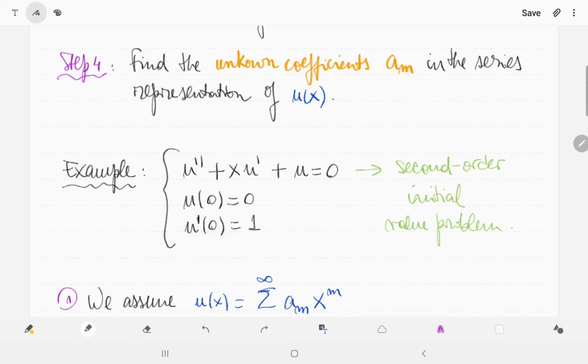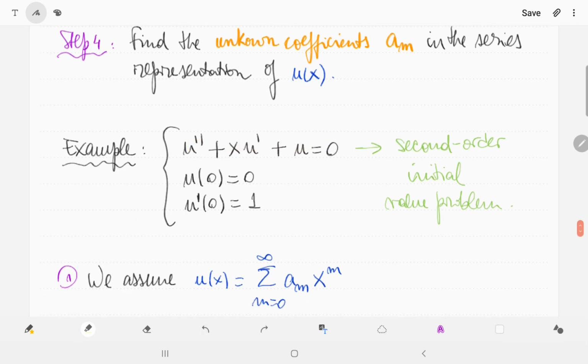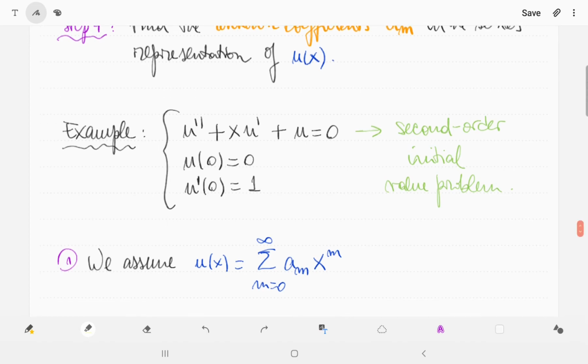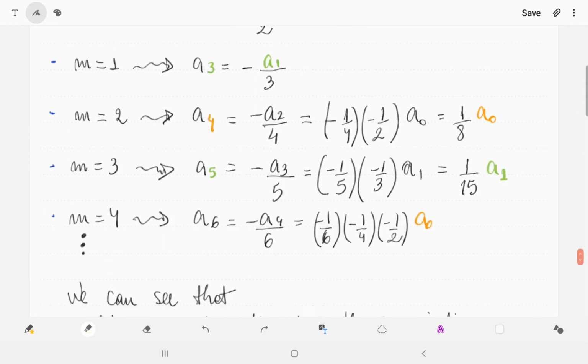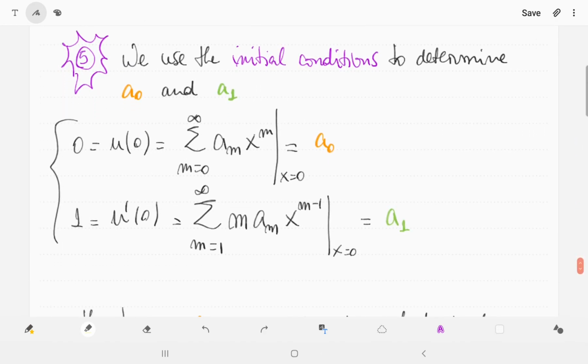Once we solve the equation and we know the coefficients a_m, notice that we have a0 and a1, which we don't know, but we have these two initial conditions. With these two initial conditions, we will finally determine a0 and a1, and that would give us the whole expression of the solution u. So we go to this step 5 here, and we use the initial conditions to determine a0 and a1.